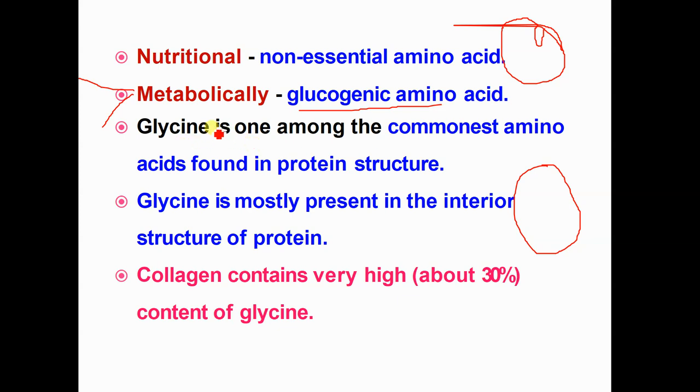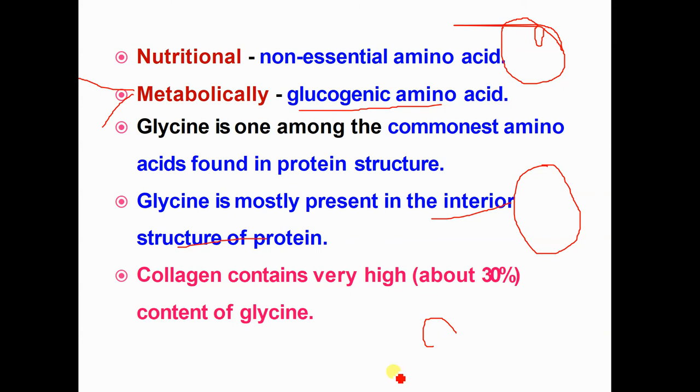And glycine is one among the commonest amino acids found in protein structure. Generally, due to its small structure, it is present in the interior of proteins, and wherever the turns and bends are seen in the protein structure, glycine will be present there.